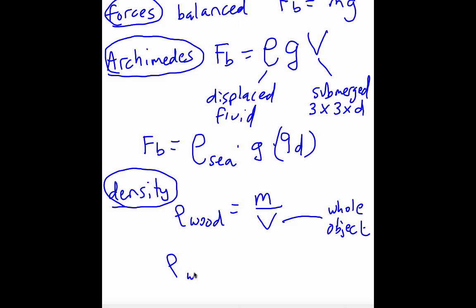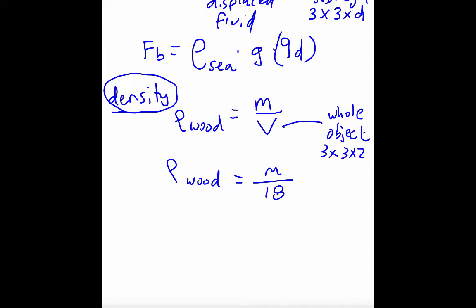The whole object was 3 by 3 by 2 cubic meters, so that's 18 cubic meters. And now, because we know the density of wood, we can find the mass.